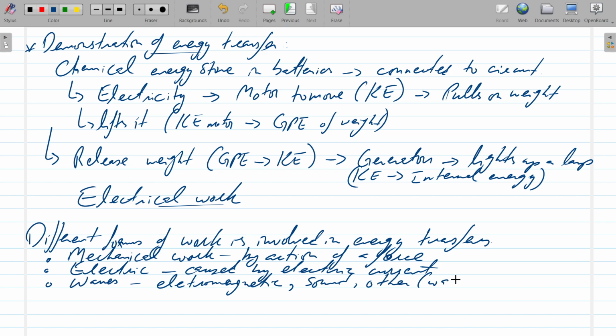For example, water waves. Water is also used in hydroelectric power stations. And heating, by conduction, convection, and radiation.